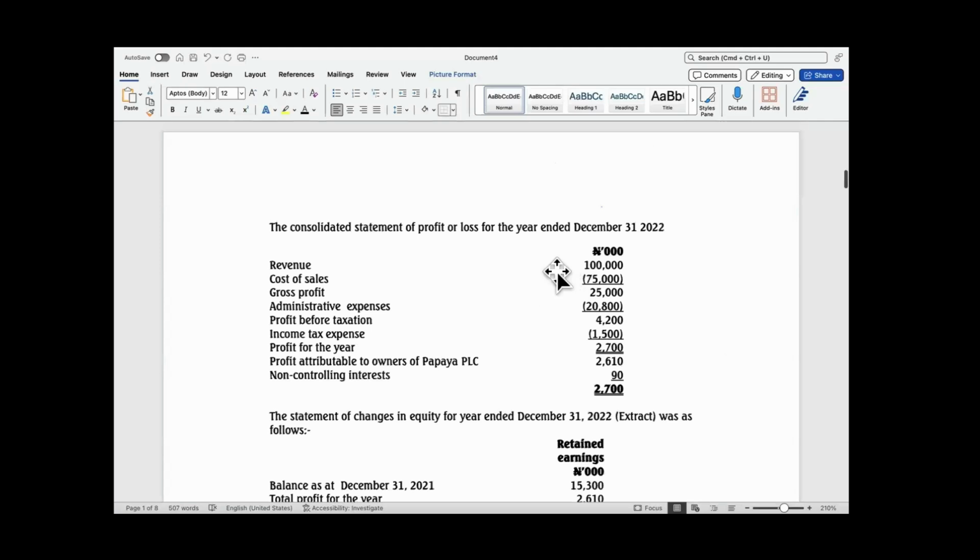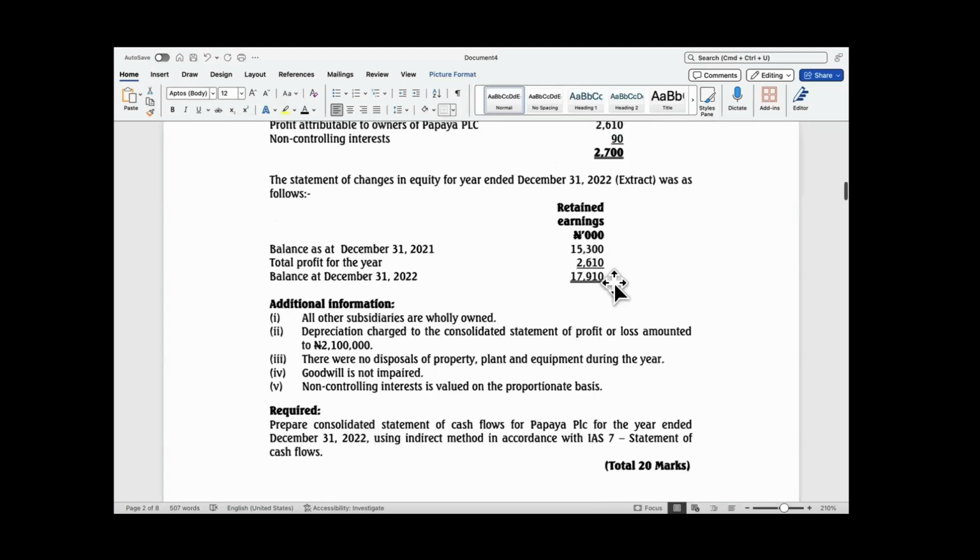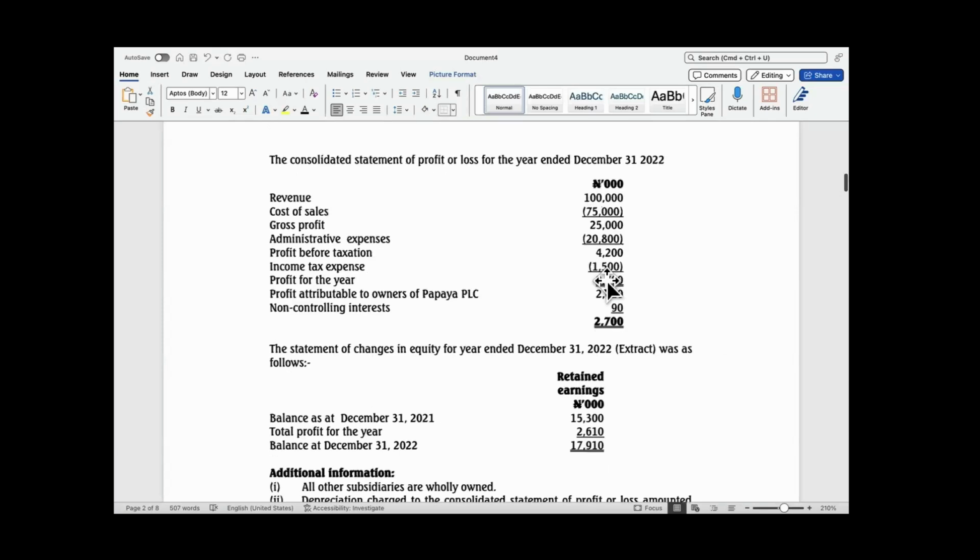Everything balanced out: 15.3, profit for the year was 2.6, closing balance 17.9. And you see this 2.610 is the profit attributable to owners of Papaya. So there's no dividend here.